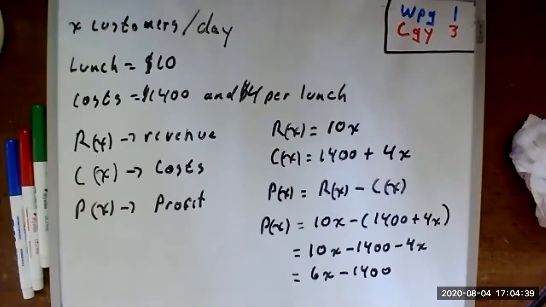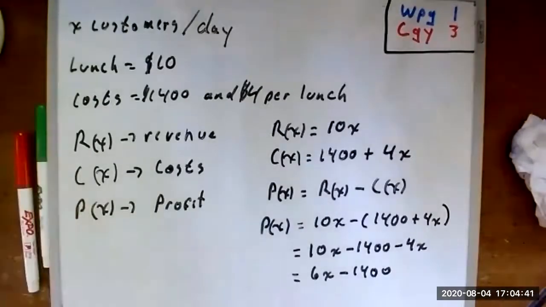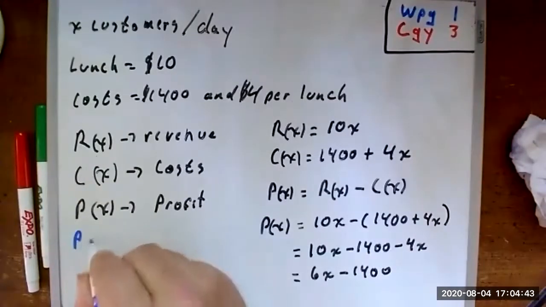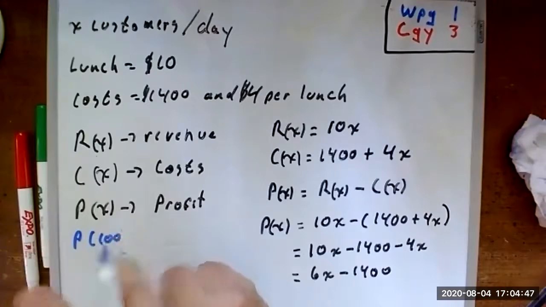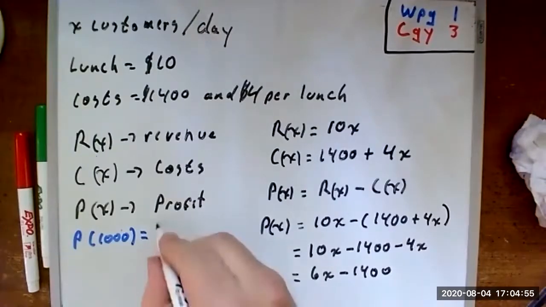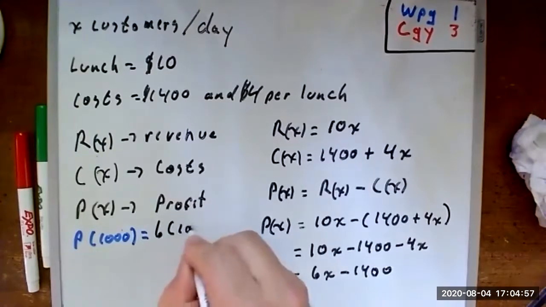Now that we've got an equation for the profit, we can go ahead and do some calculations. So if we were asked what is the profit made from selling 1,000 lunch specials, we can ask ourselves, well, what is P of 1,000? Not 100, 1,000.